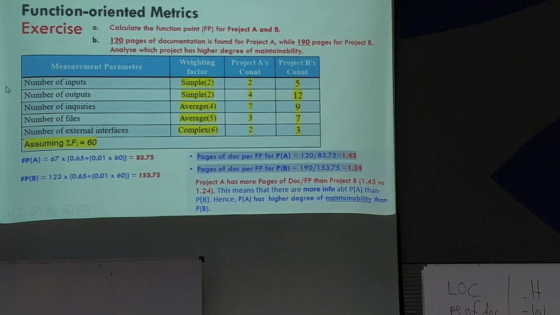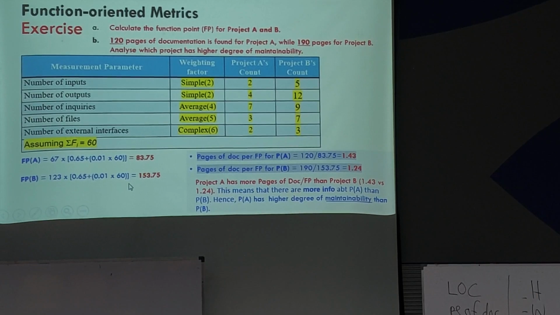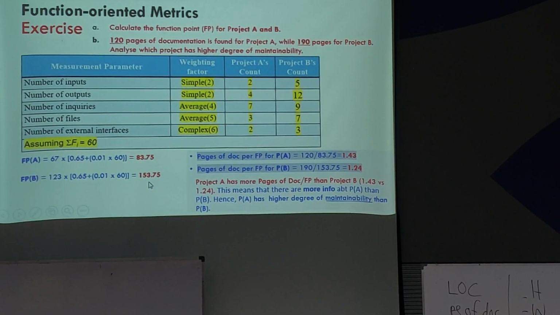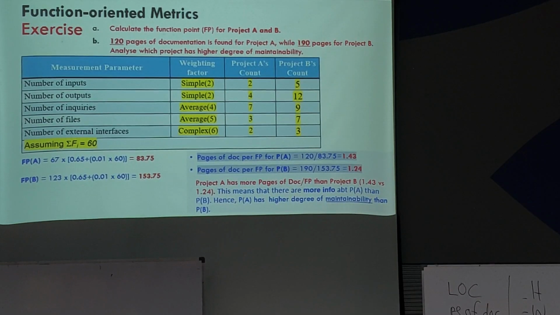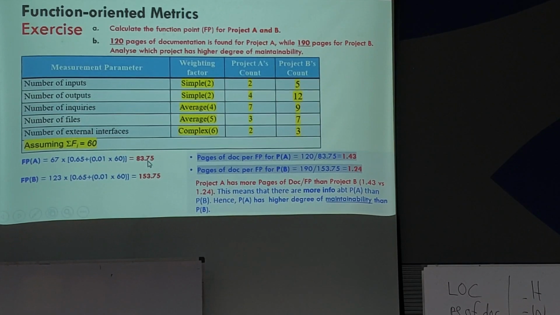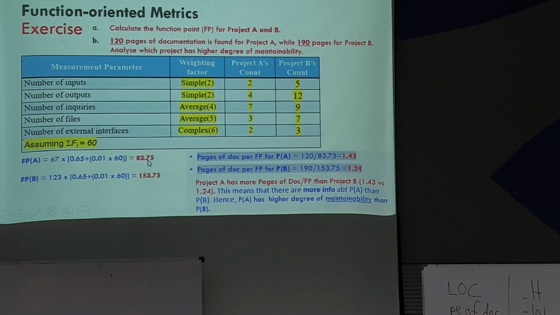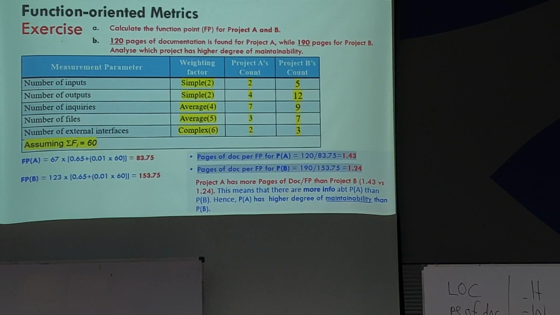Okay, when you calculate function point, you see project A has 83.75 function points, and project B in terms of function points is almost double that of A. What does it tell you? Project B has more function points than project A. What does this tell you when one project has more function points than the other?